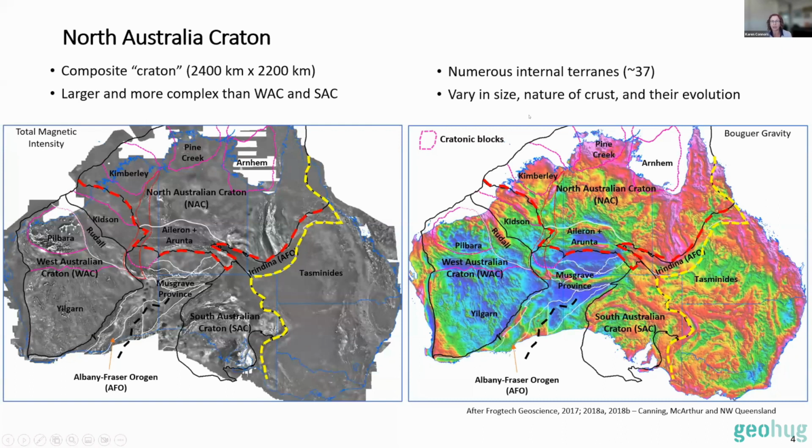I have, I think, 37 basement terrains throughout the North Australian Craton. And my interpretation here builds on that from FrogTech, and Geognostics in 2021 released an updated Oz SeaBase, and they included the basement terrains in that. So the interpretation I'm showing you is what I've modified in the North Australian Craton region, building on that work.